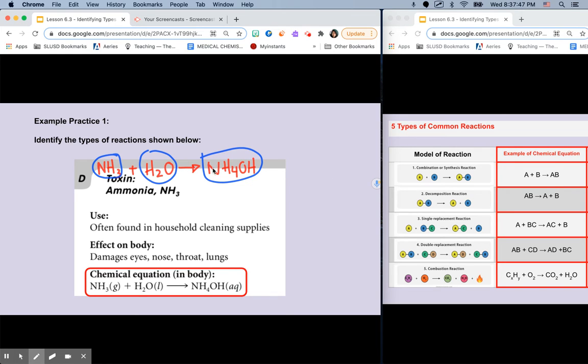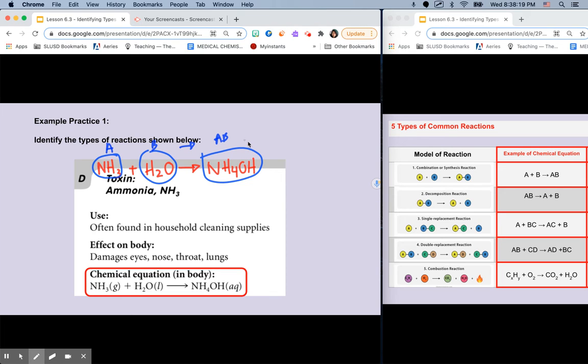This one doesn't look as clean because it's not like NH4 and then O, right? So it's written a little bit differently, but it's the same idea. So this is my A on top, and then it's plus some molecule B, and then arrow, all the elements from A and B are just mushed up together.